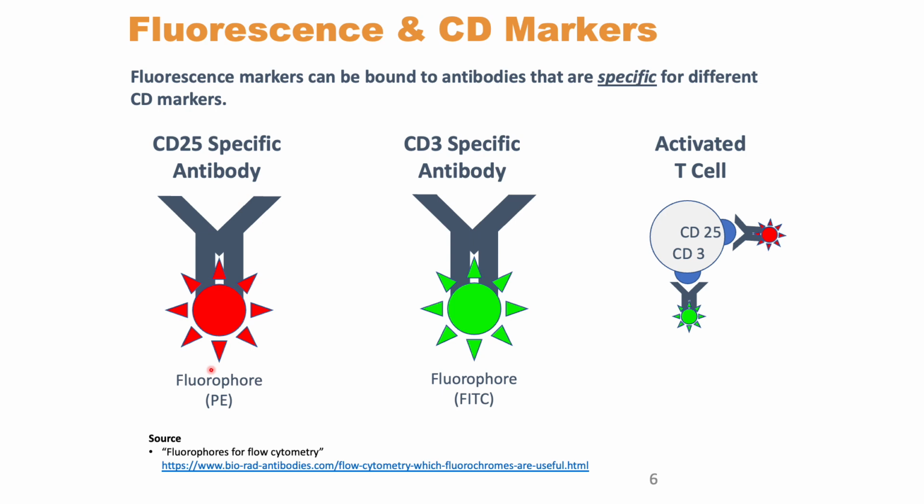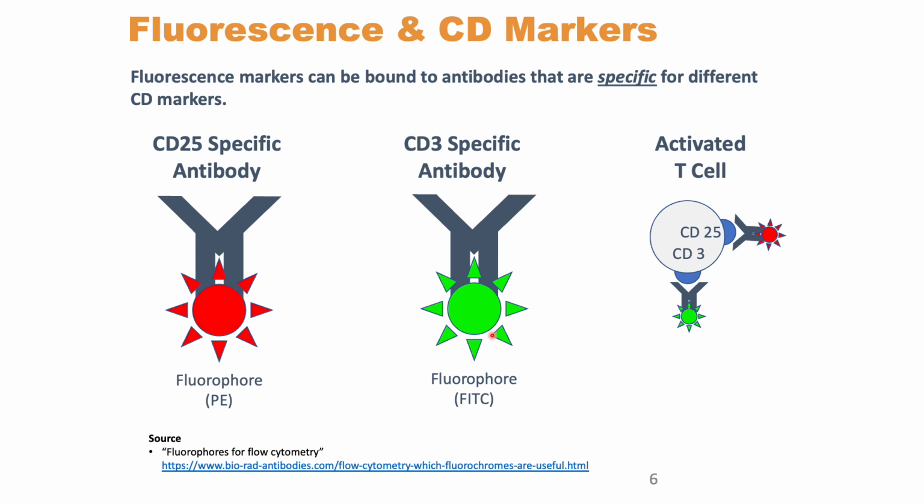So for example, here you have a CD25 and a CD3. These are two different markers. These markers can be tagged or found with specific antibodies. So we can use antibodies that bind these markers, and then the antibody itself, as you can see in these two figures, will be bound to a fluorophore.